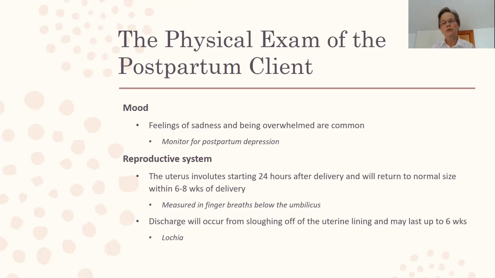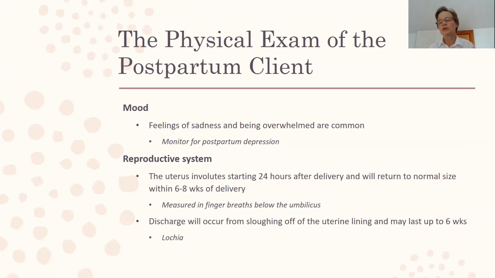Post delivery, the uterus starts to involute again. It starts at 24 hours after delivery, and it returns to normal size by 6 to 8 weeks post delivery. So very often moms still look pregnant, maybe just a little less so after delivery. That's normal, that will decrease.